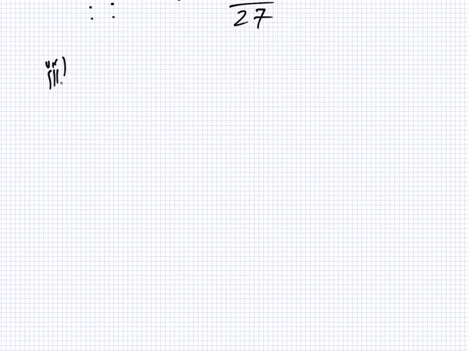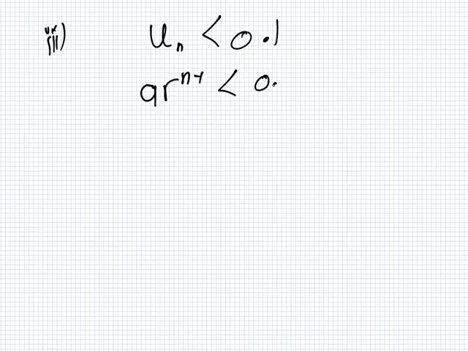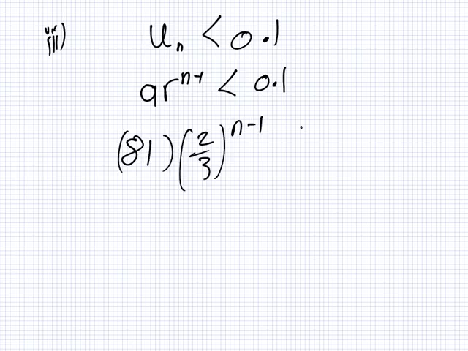We want the first term to be less than 0.1. So we want a or n minus 1 to be less than 0.1. What did we say the a was? 81. And the or is 2 over 3, n minus 1 less than 0.1. Okay, so what I'll do, get rid of that 81 firstly.